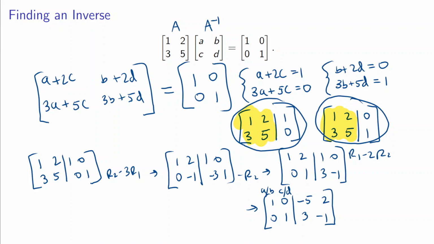And so what we found is that a equals -5, b equals 2, c equals 3, d equals -1. So the inverse that we just discovered, this A inverse, is the matrix -5, 2, 3, -1.